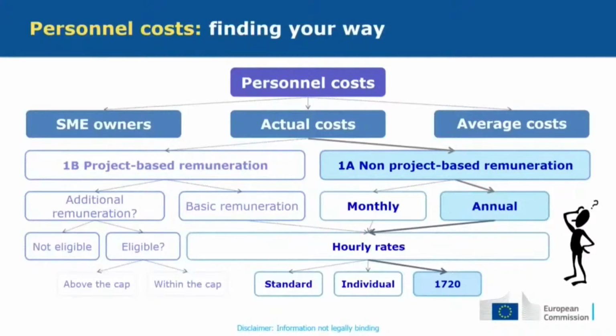So the biggest difficulty when calculating your personnel costs in Horizon 2020 is probably to find your way within this tree of different options. To simplify this task, we have already marked there for you what we consider to be the easiest way to calculate them. It doesn't mean that you must go down that line.